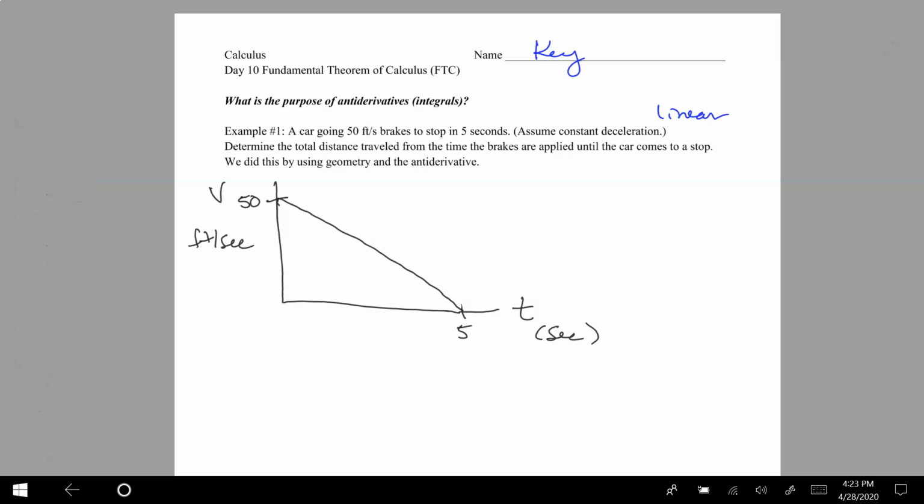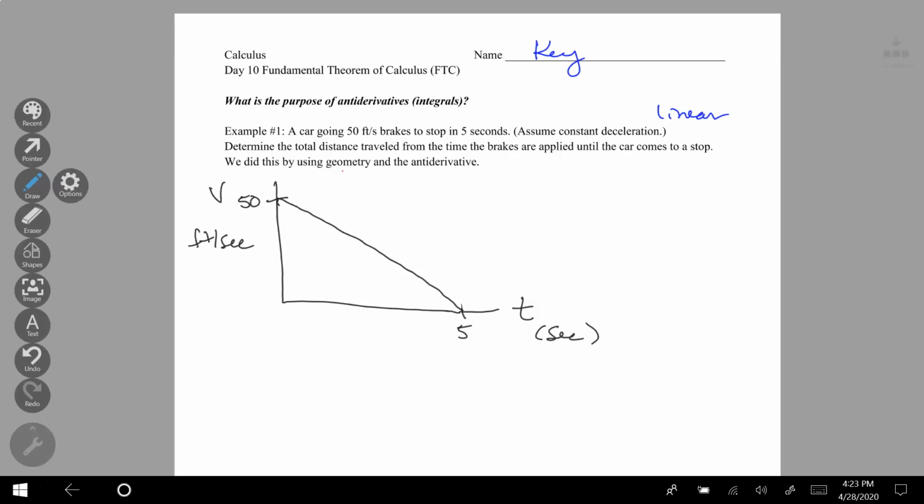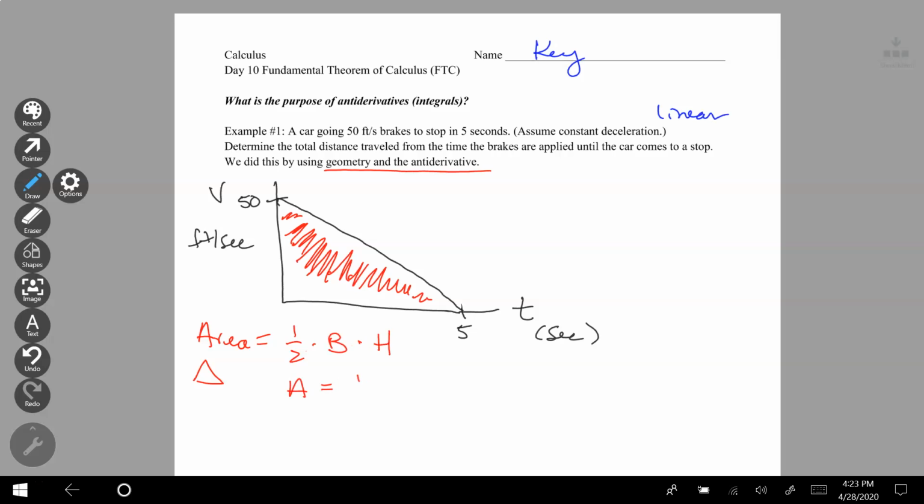stopped from braking. We used geometry and the antiderivative, and we found all this area that I'm doing in red. My area, using geometry, is a triangle. So it's 1/2 times base times height. So A equals 1/2.